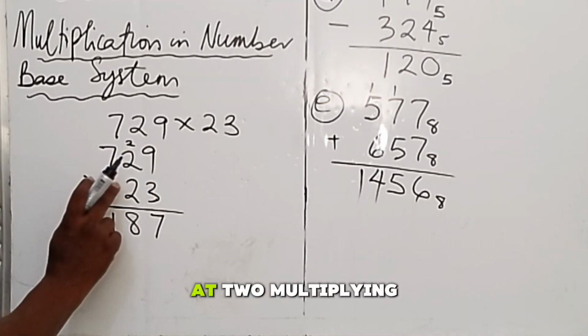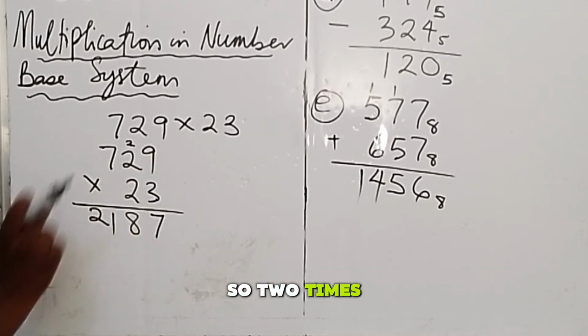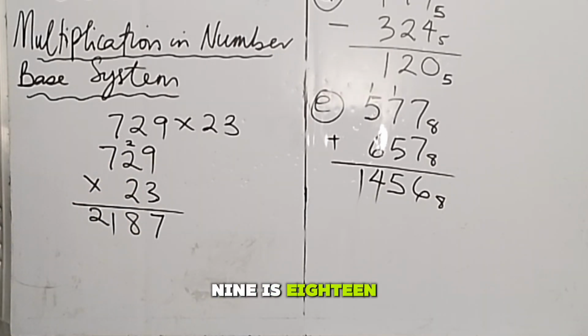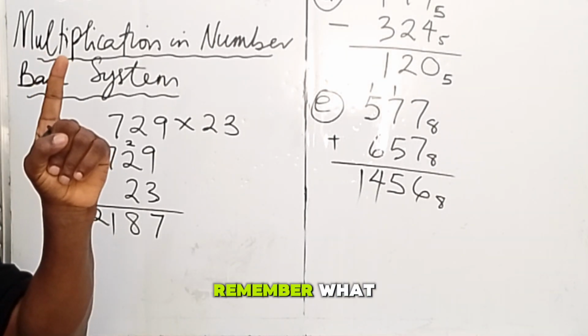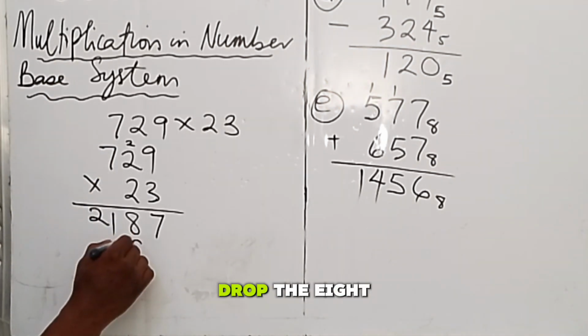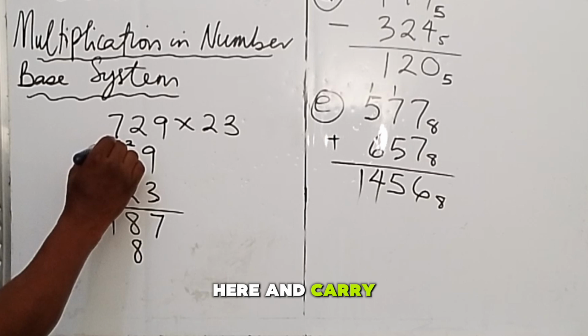But let's look at 2 multiplying 9. So 2 times 9 is 18. 10 into 18 is 1 time, remainder 8. So I'll drop the 8 here and carry 1.